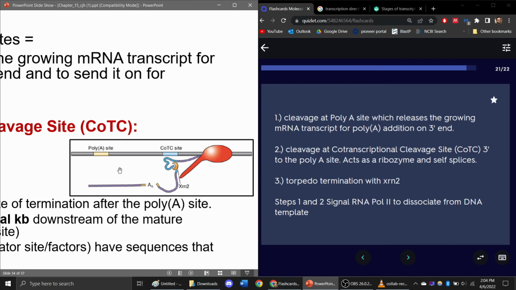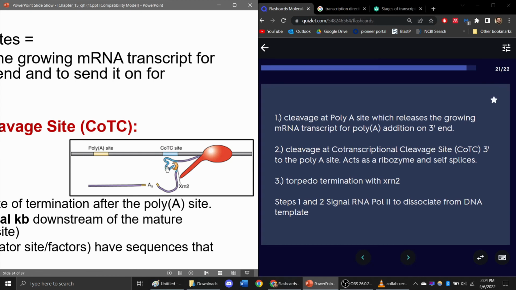What this does is it's going to cause the polymerase to transcribe a length of RNA in this still-growing transcript that has self-splicing activity. So after the cleavage has happened around here, then you have your COTC site, and it's going to cleave itself.